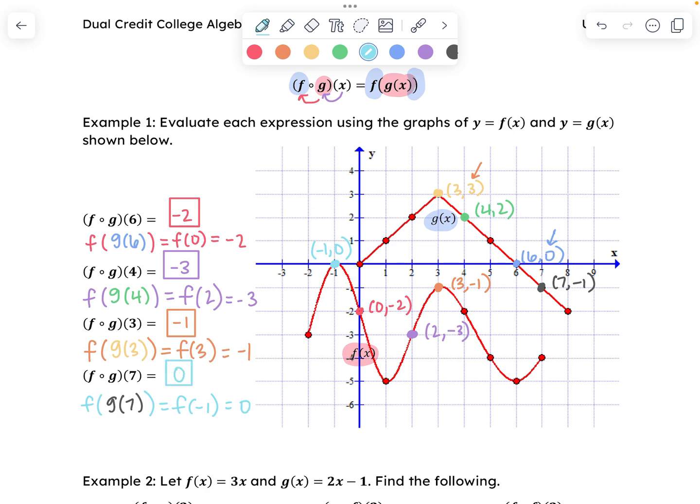You just have to make sure you work from the inside out if you rewrite it, or work from the 6 to the g and then plug that into the f. You have to think about how you're looking at it when you're solving these problems. You can do composition of functions graphically, or you could also do it with equations.